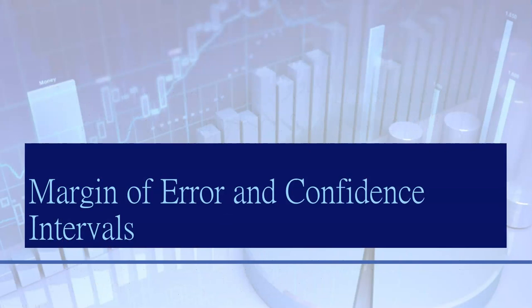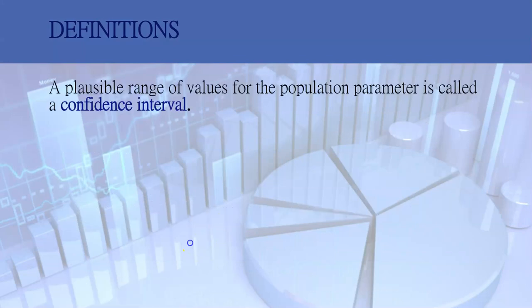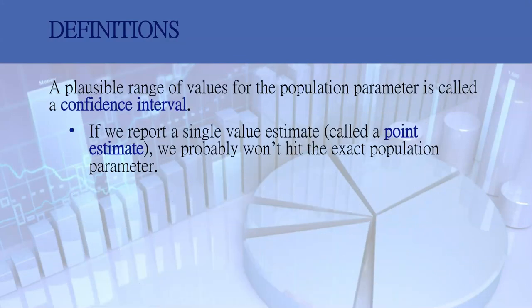And the last topic for this section is called margin of error and confidence intervals. So this has to do with population parameters and whether or not the sample statistics would actually work here. The plausible range of values for the population parameter is called a confidence interval. If we report on a single value, we estimate that the population parameter is this single point.